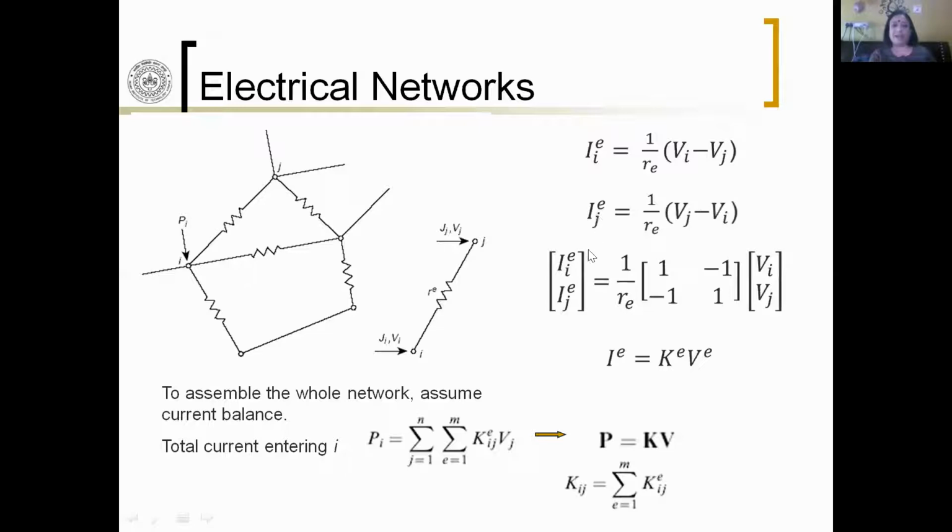Similarly, I can write IJE, flowing in at point J towards I, only in element E, equal to 1 by RE times (VJ minus VI). Which means I can write this equation in matrix form in terms of I's and V's: IIE, IJE is equal to 1 by RE times the matrix [1, -1; -1, 1] times VI, VJ. So I have now established a relation between the parameters of the single branch.